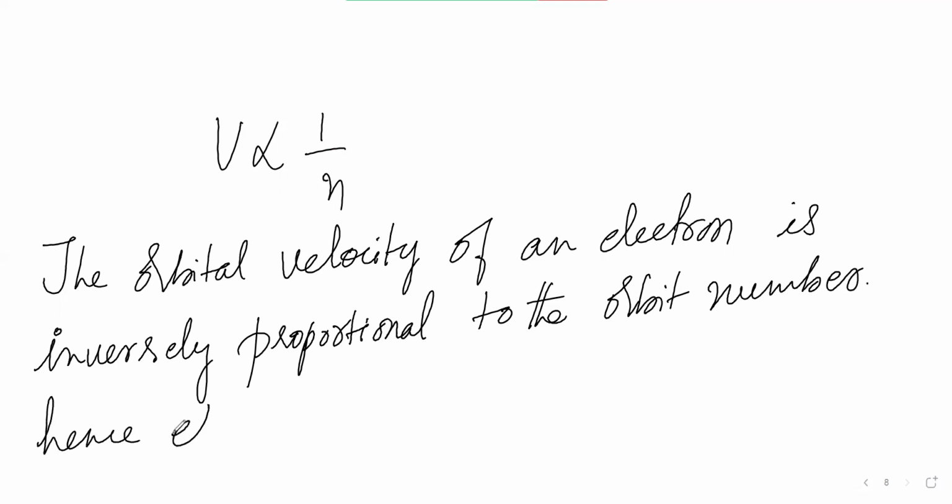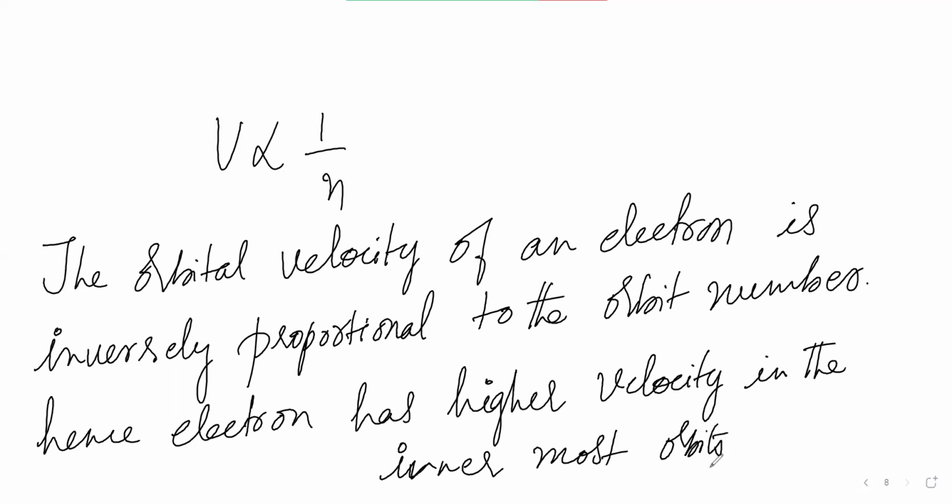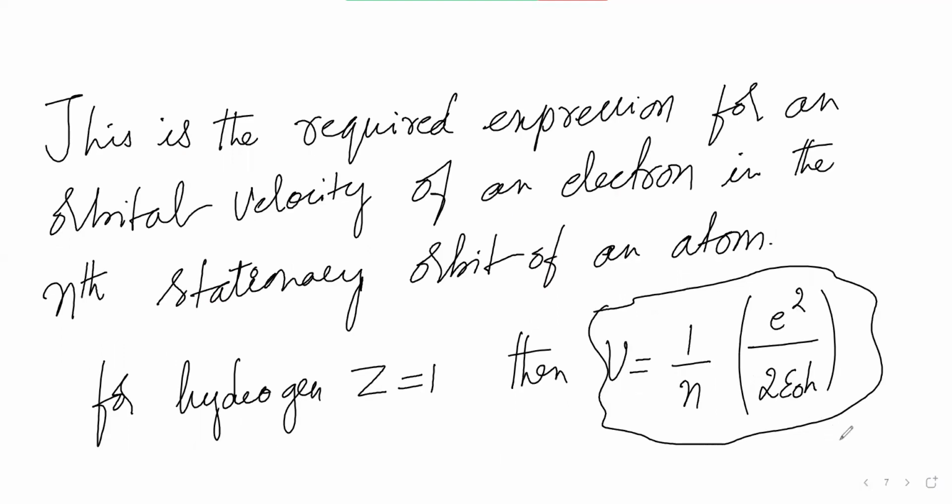Hence, the electron has higher velocity in the innermost orbits. Maybe you might expect this as one more question. In the innermost orbits, the electrons will be revolving much faster. So this is the final expression we can see here.